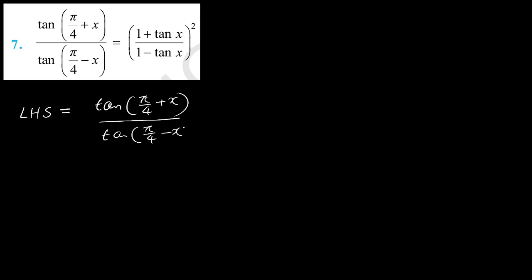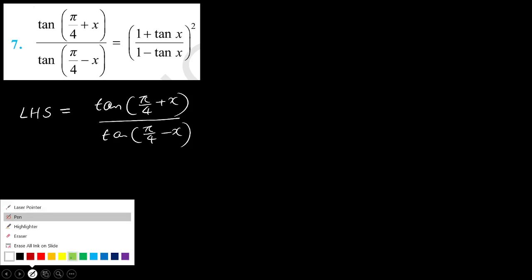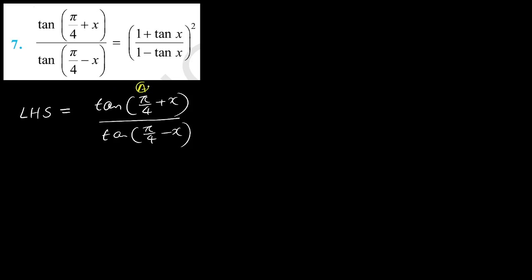Show that tan(pi/4 + x) by tan(pi/4 - x) is equal to (1 + tan x) by (1 - tan x) whole square. So we can start. LHS, left hand side, is tan(pi/4 + x) divided by tan(pi/4 - x). Use the formula of tan(a + b) for the numerator. I have already discussed that.